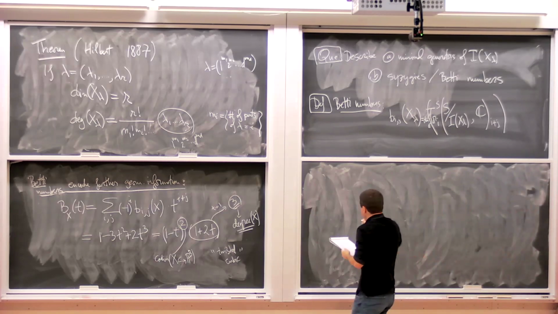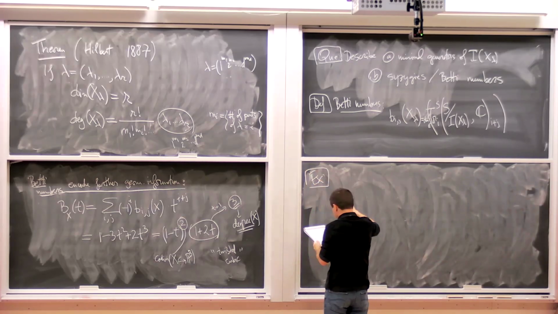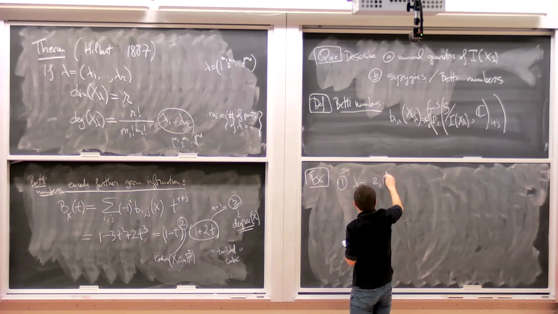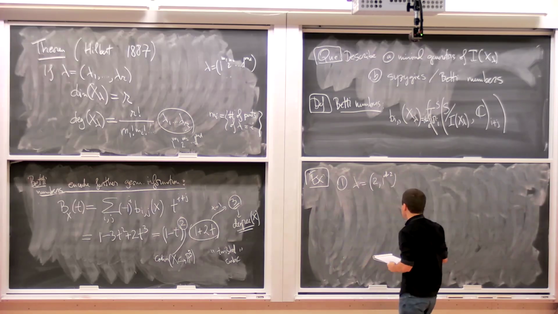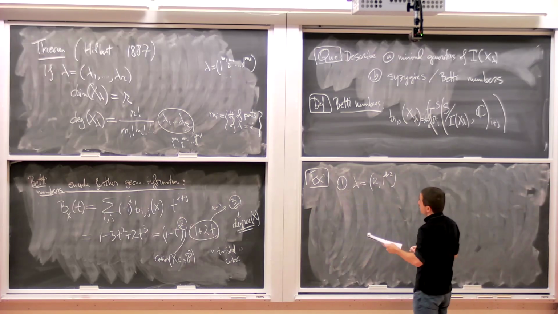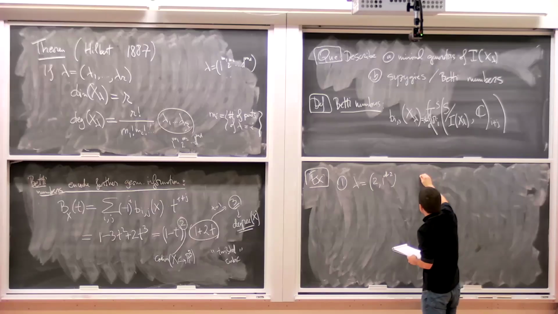I can make this an exercise maybe. Example: if I take the partition 2, 1 to the d minus 2, this has dimension d minus 1 by Hilbert, and you can compute the degree, and you'll see that the degree is 2d minus 2. In this case, x lambda is the discriminant hypersurface.